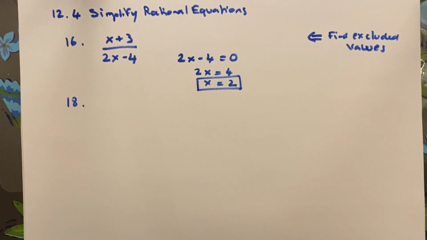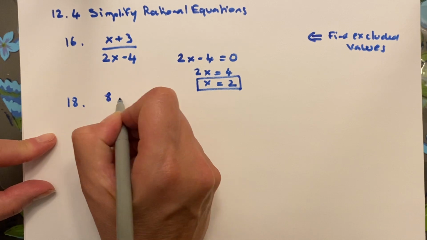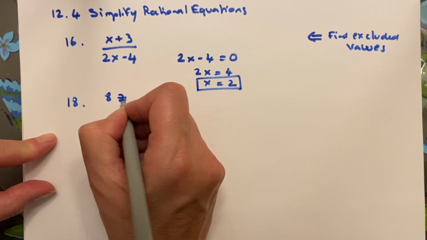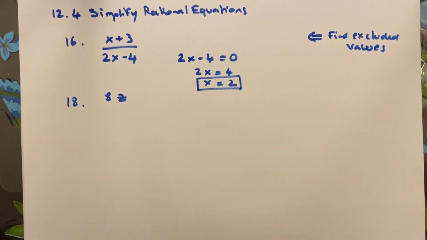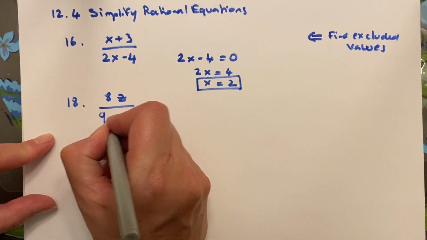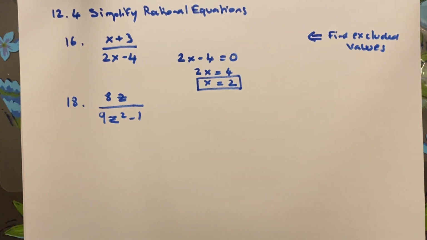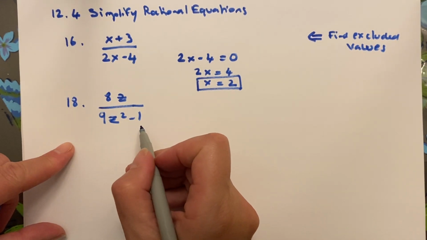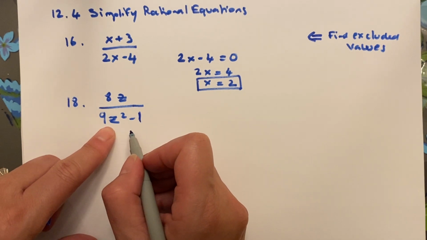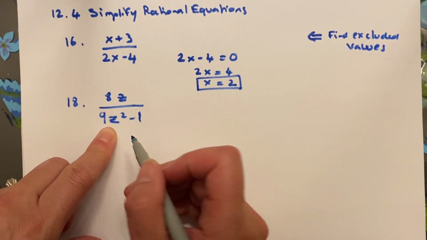Let's try it for another problem. I have 8z divided by 9z squared minus 1. Now you could look at this a couple of ways.